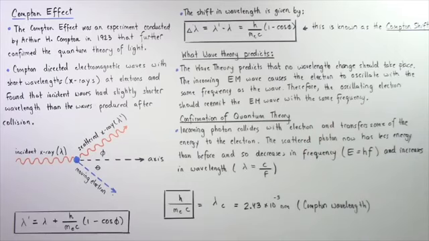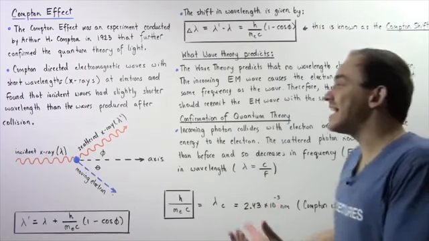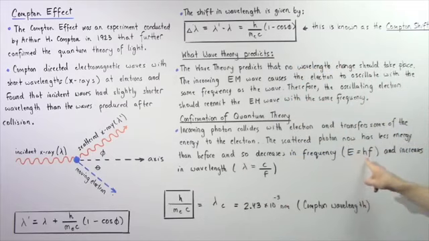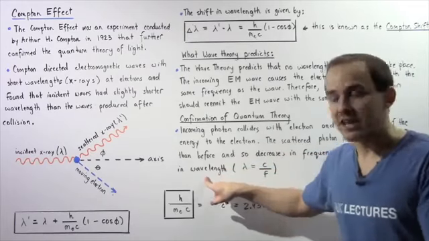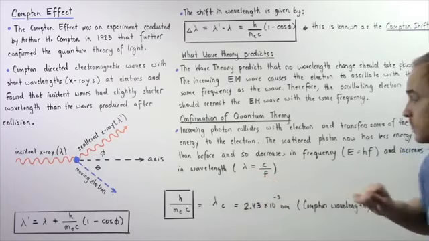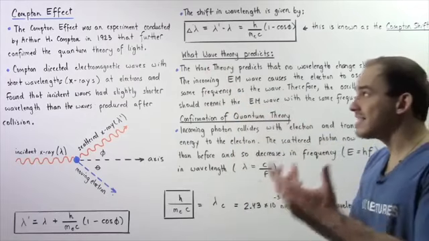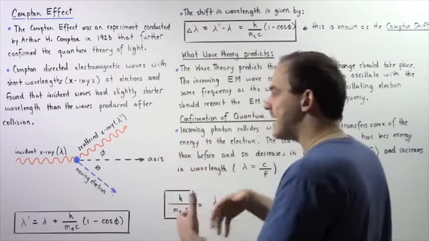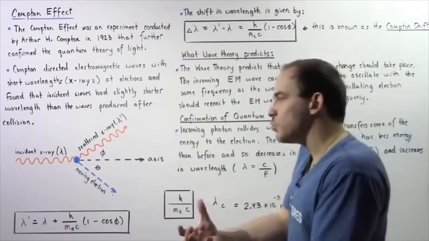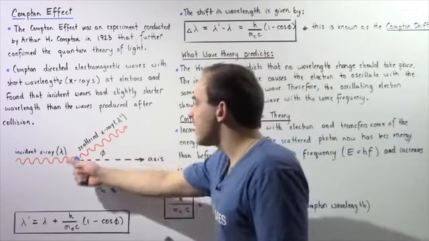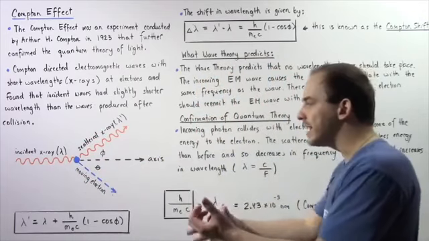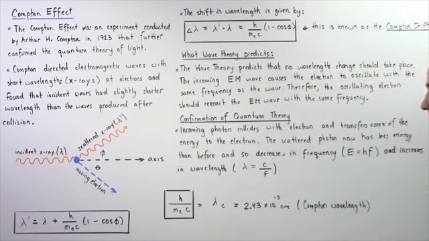The scattered photon now has less energy than before, and because energy depends on the frequency, less energy means a smaller frequency, and a smaller frequency means a greater wavelength, as per the following formula. If the frequency decreases, the wavelength will increase, and that's exactly why a change in wavelength takes place: some of that energy within the photon is transferred to the kinetic energy of that electron, propelling that electron to move with some velocity.